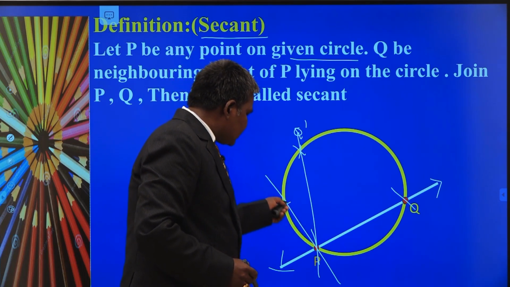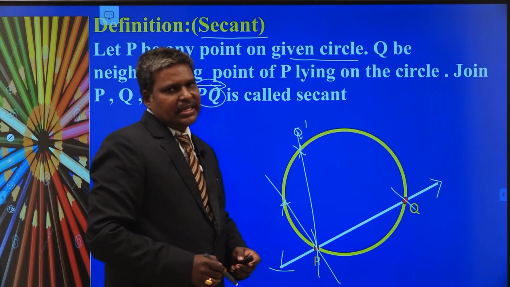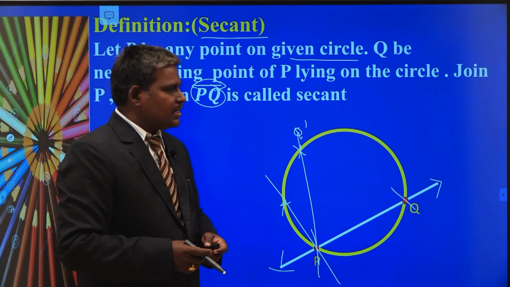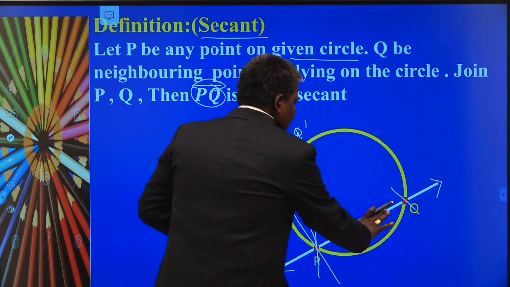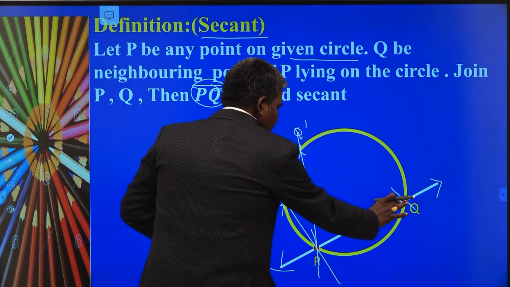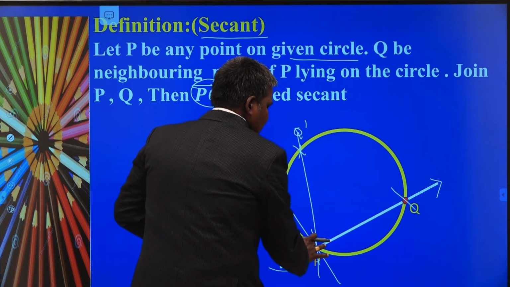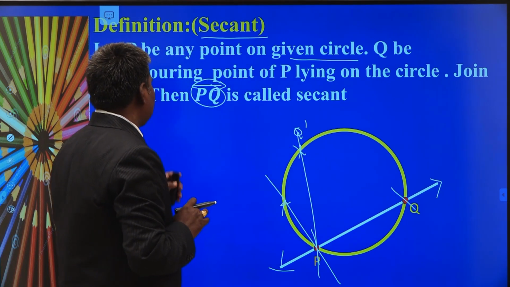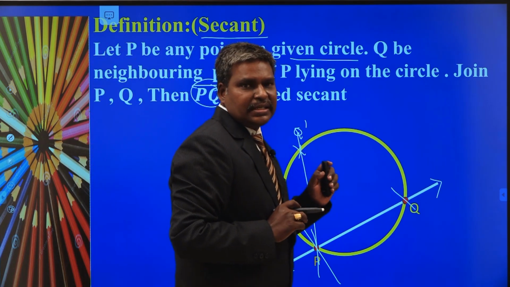Up to here is a chord, the entire line will be secant. So you can draw an infinite number of secants to the circle. This is the main difference between chord and secant. Chord means the length from here to here. The entire line is the secant to the circle. This is the definition of the secant.